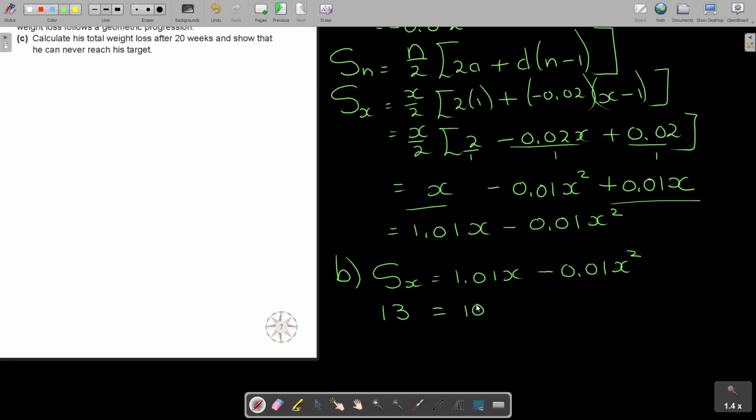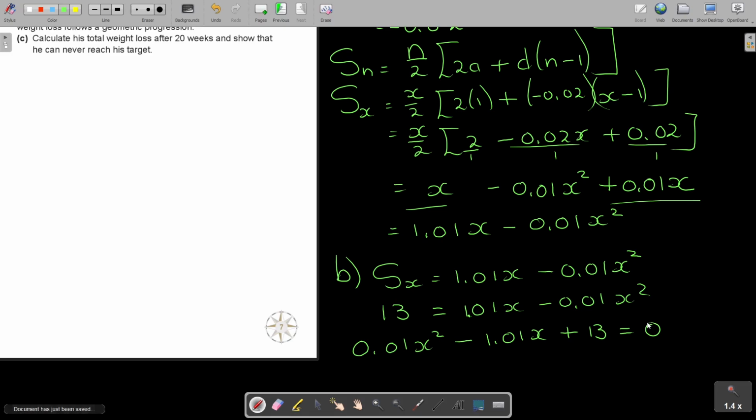Okay, I'm doing a little bit long again. I could have taken it over already. Okay, but I take it over, so 0.01x squared minus 1.01x plus 13, and that's equal to 0.